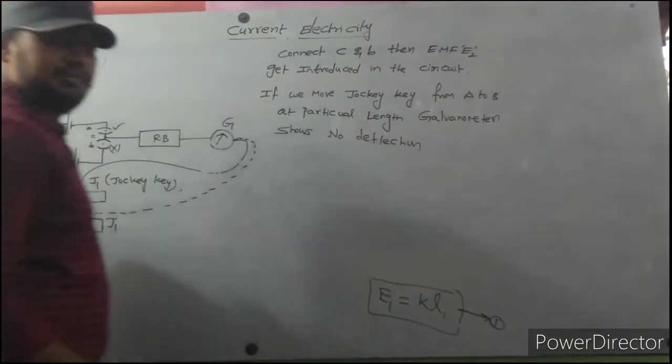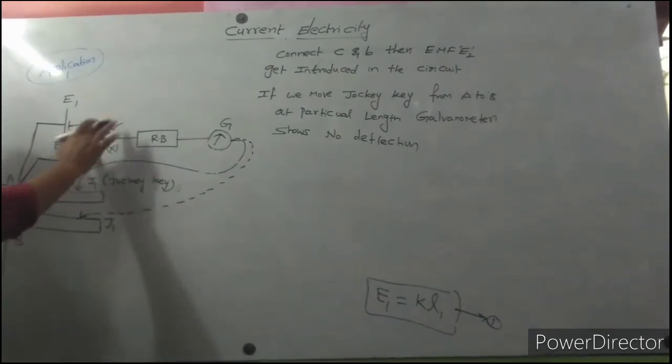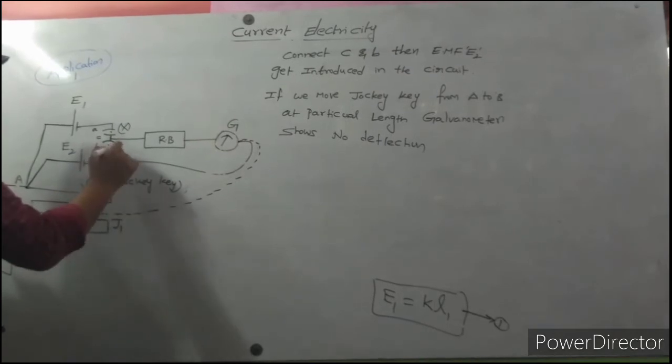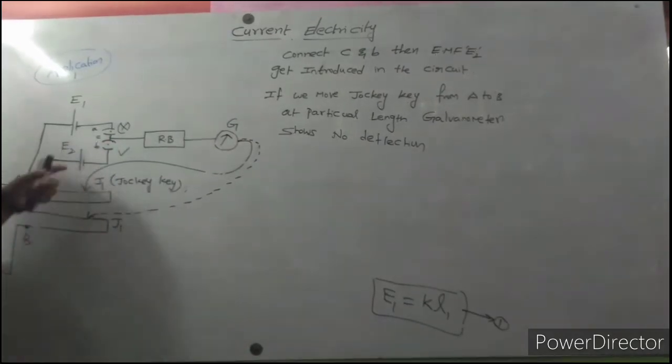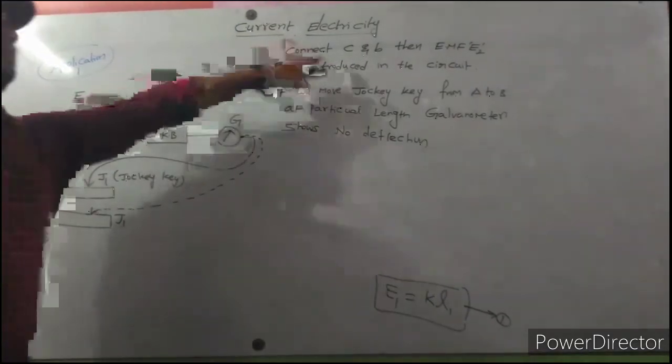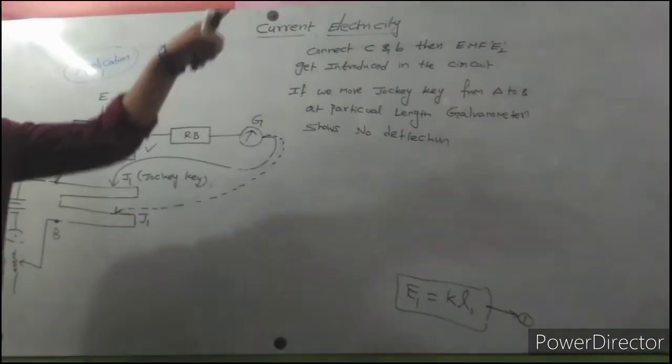I understood my point. If you connect C and B, now the circuit is going to be working, because C and B are connected. Now E2 is introduced in this circuit.